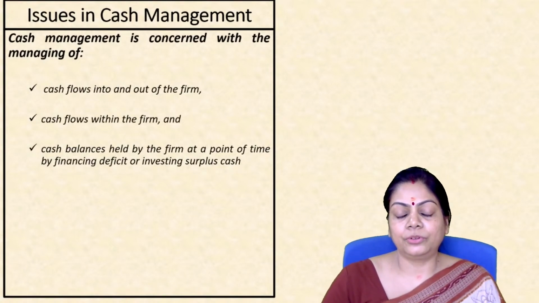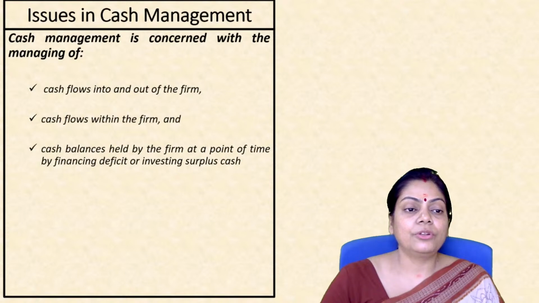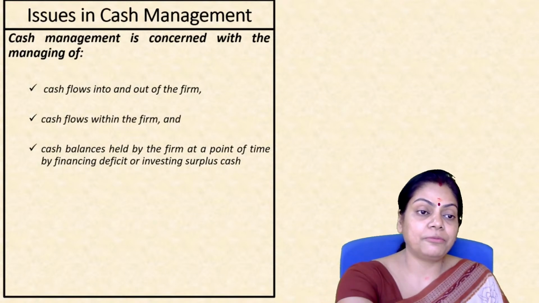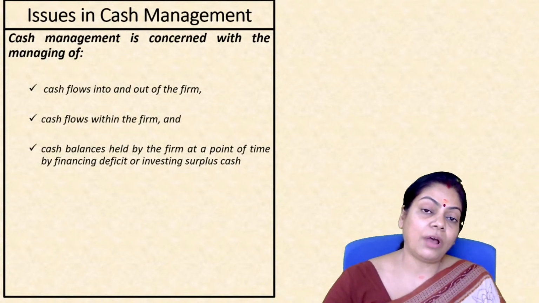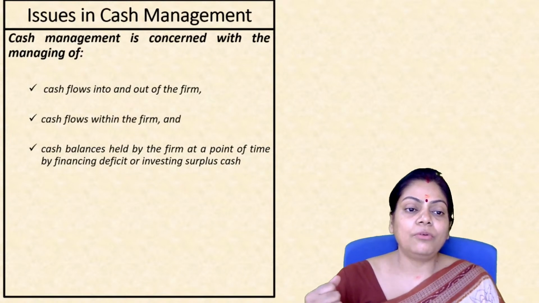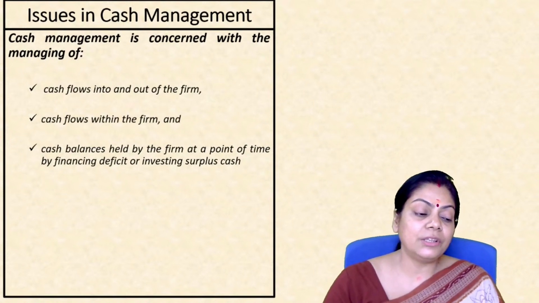Now, this is what we were talking about, the cash flows into and out of the firm. So you have both inflow as well as outflow. Into the firm, inflow; out of the firm, outflow. Again, you have cash flows within the firm as well.